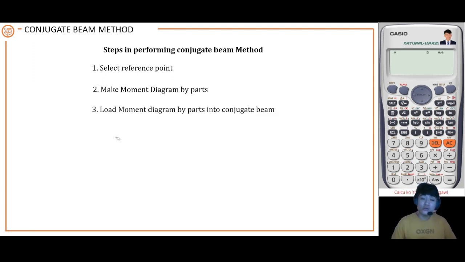Number three is to load the moment diagram by parts into the conjugate beam. And the last one is to compute the shear of the conjugate beam, or the force of a conjugate beam, which is equivalent to the slope of your real beam. Okay? Slope of the real beam.